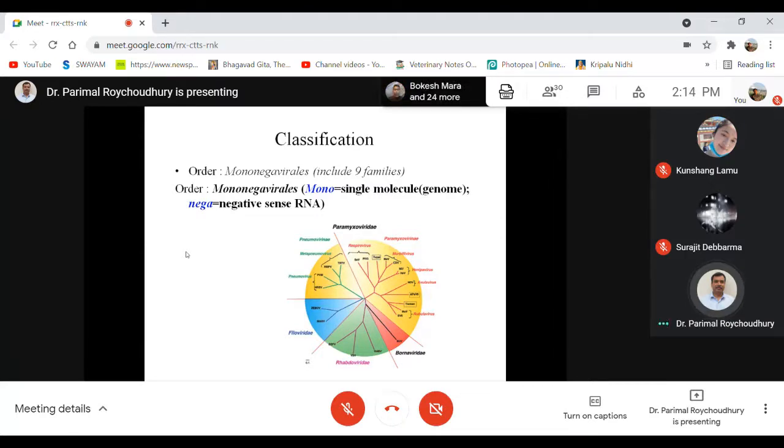These are negative sense RNA viruses. When we say negative sense, this virus must require its specific enzyme, the RNA-dependent RNA polymerase.